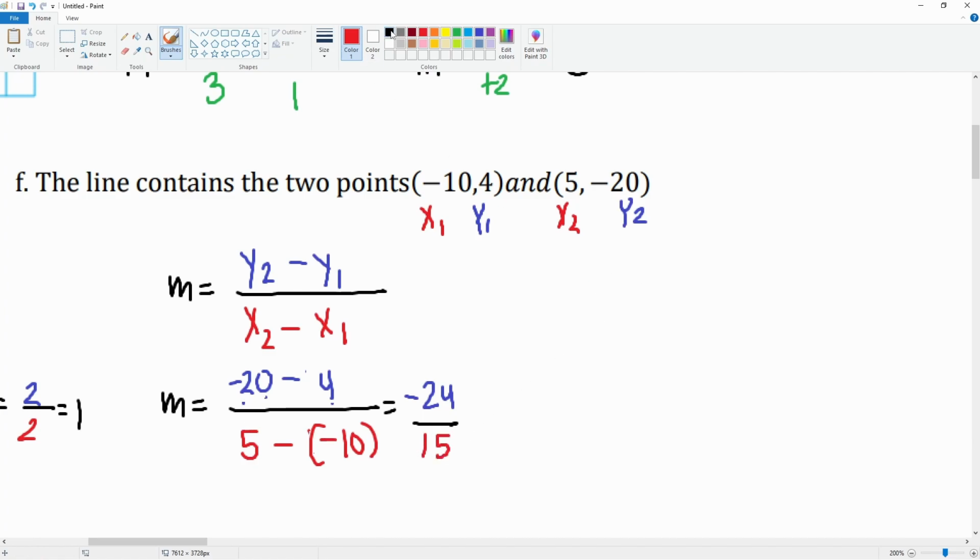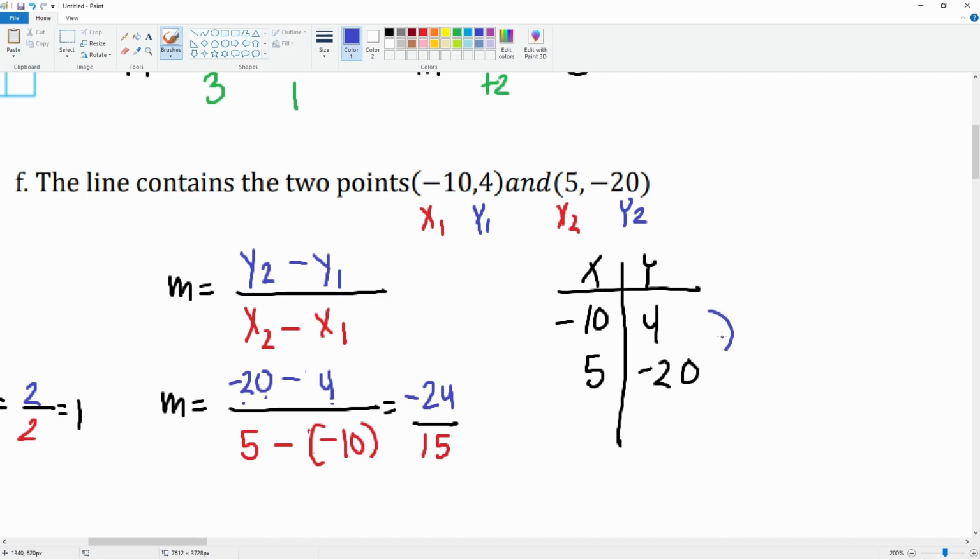You won't believe me until I make the chart. Hold on, let me show you in the chart. Okay, here's the first one. Negative 10, 4, 5, negative 20. Okay, so how do you go from 4 to negative 20? Well, you have to minus 24. How do you go from negative 10 to 5? Well, you have to add 15.